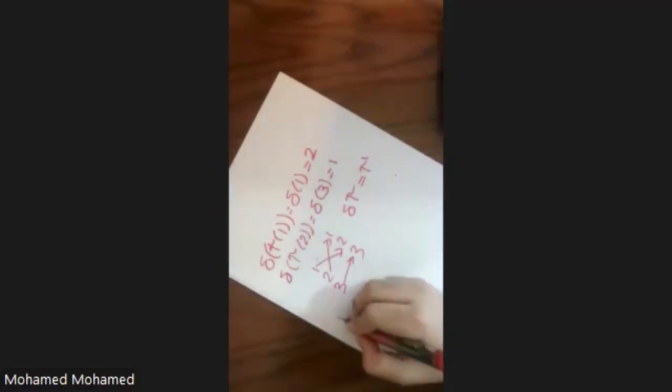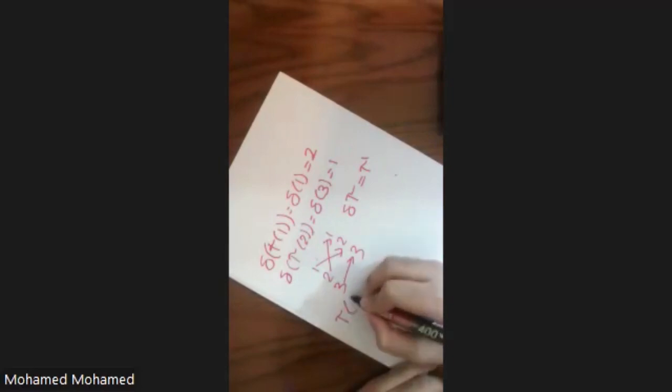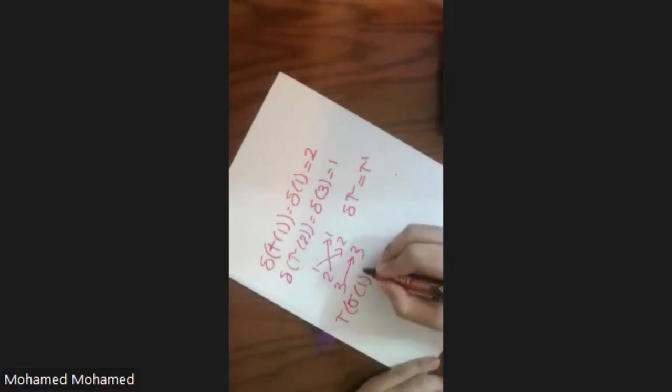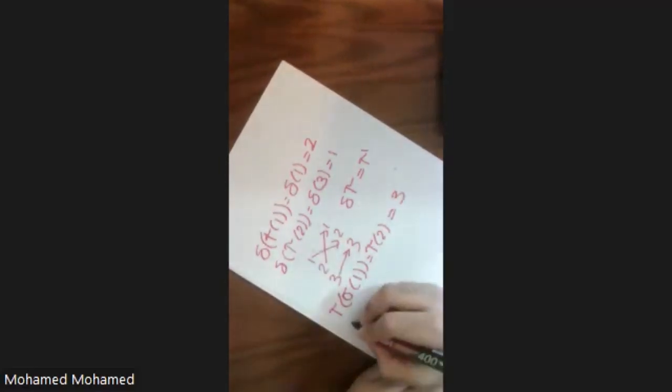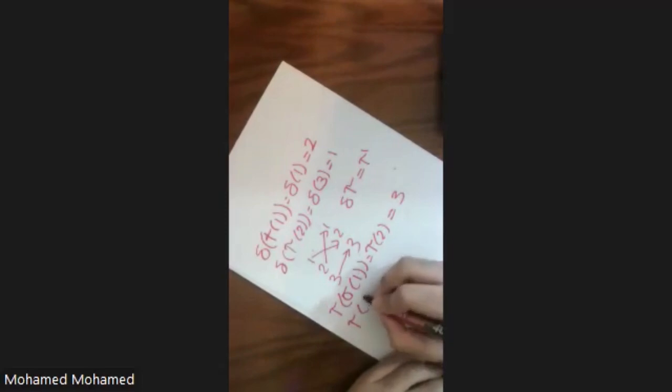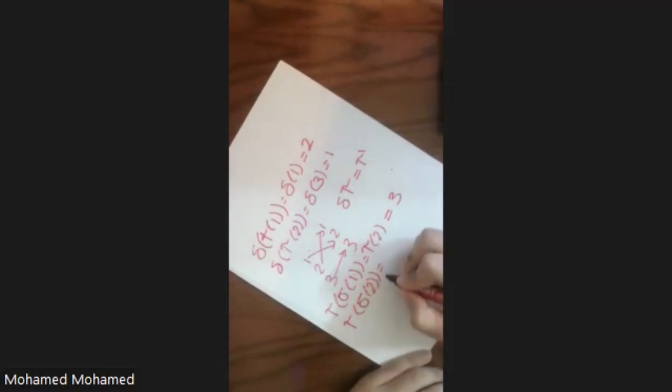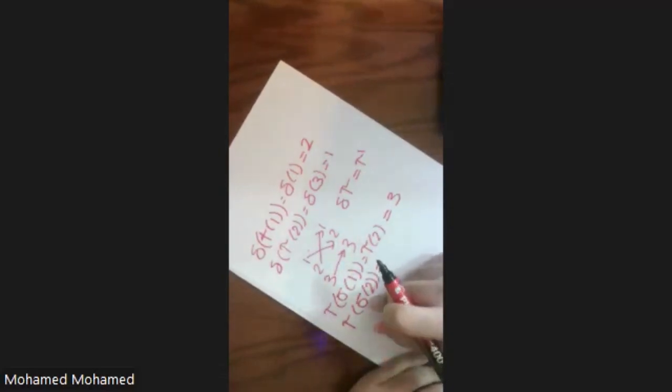But what about tau sigma? Tau sigma of one: sigma takes one to two, so it will be tau of two. Tau of two is three. And tau of sigma of two: sigma of two is actually three, so it will be tau of three, and tau takes three to two, so it will be two.